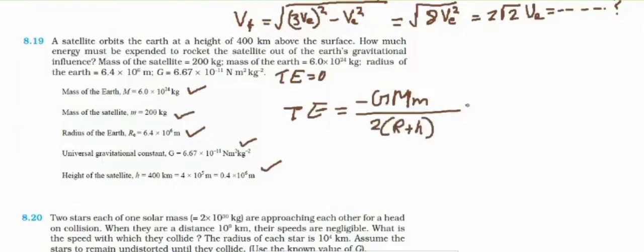So substitute the values and find the total energy of the satellite at present. You will get the answer around minus 5.9 into 10 power 9 joule.